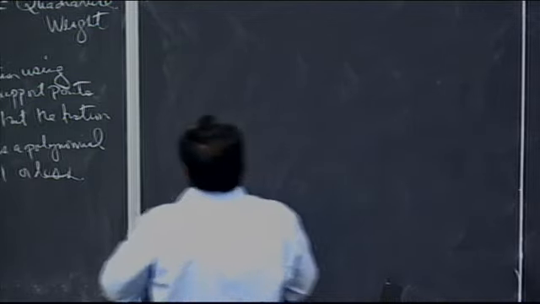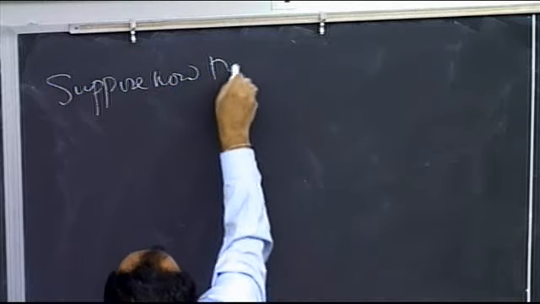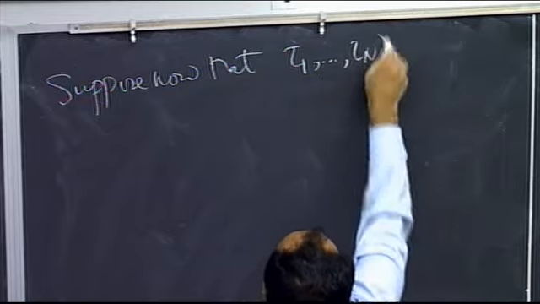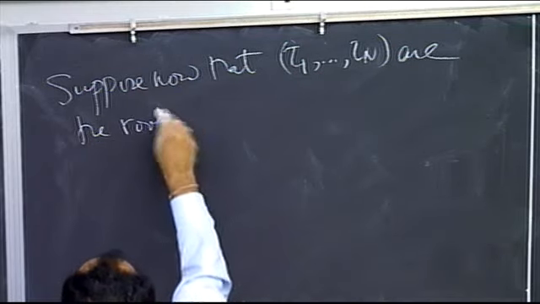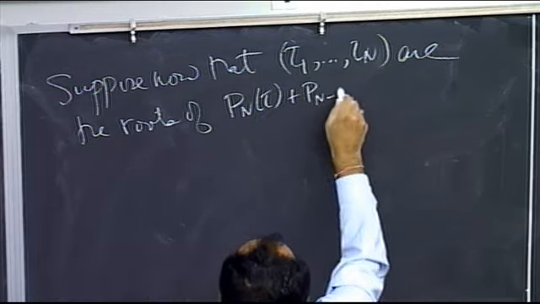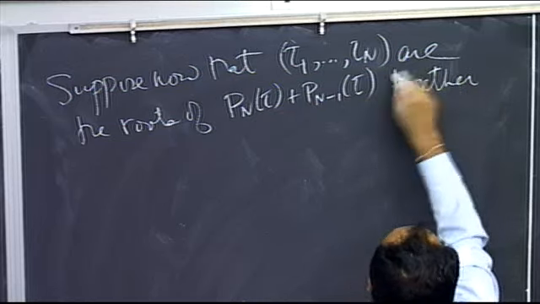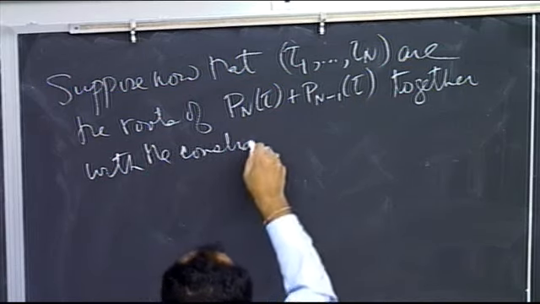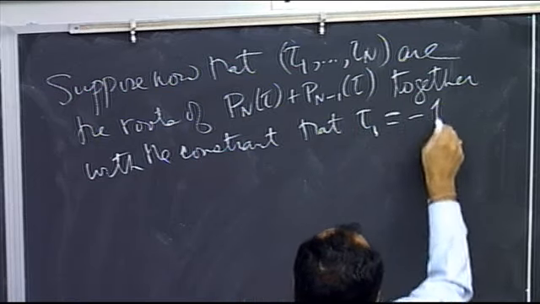So, suppose now that tau 1 through tau n are the roots of Pn of tau plus Pn minus 1 of tau together with the constraint that tau 1 has to equal negative 1.